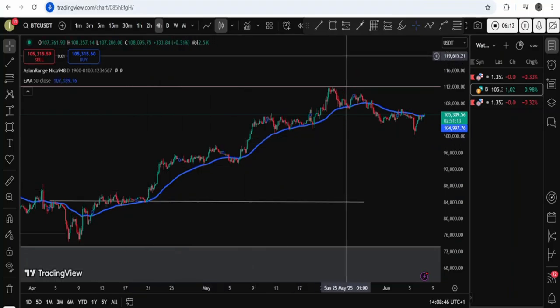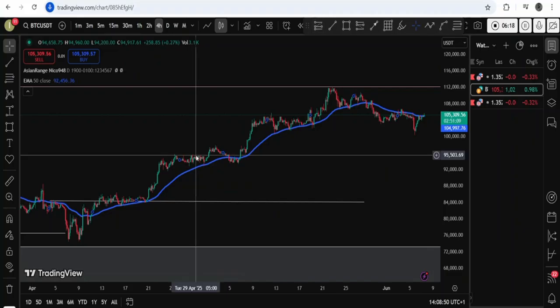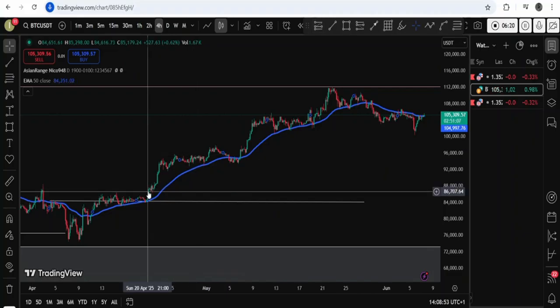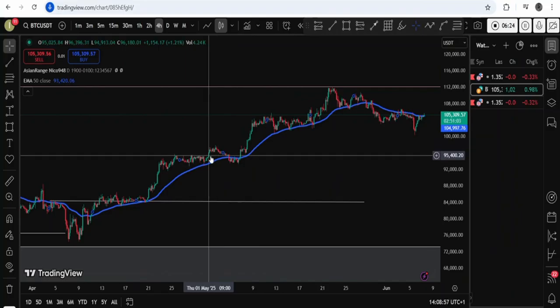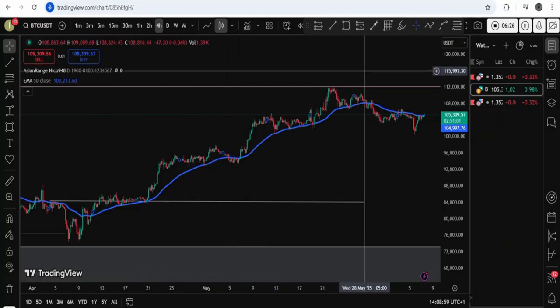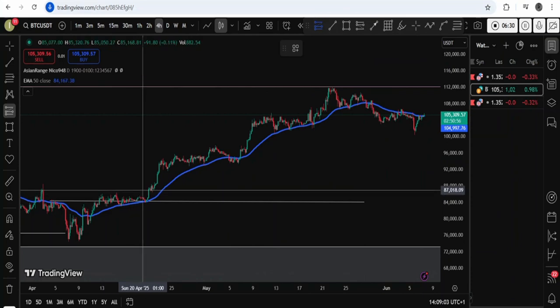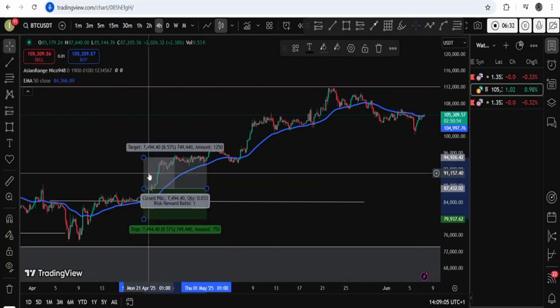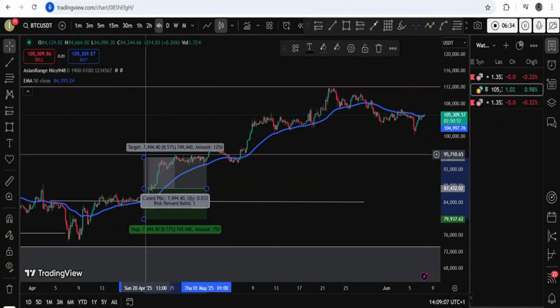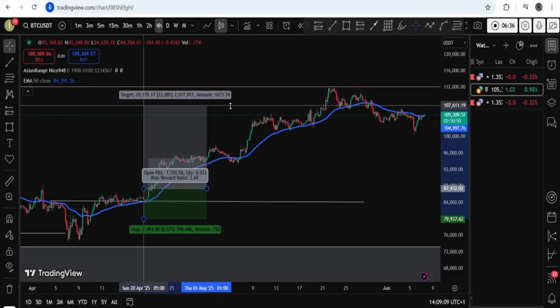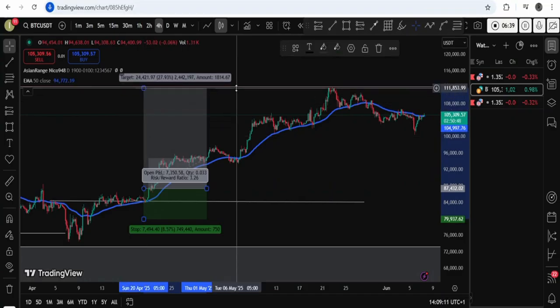So I took my trade from here. I took my trade around there and I moved speedily in profit.